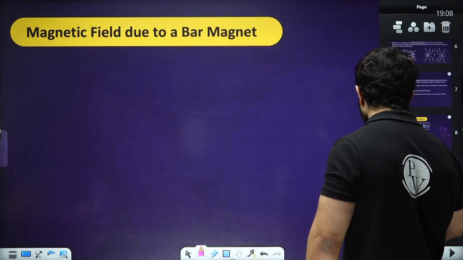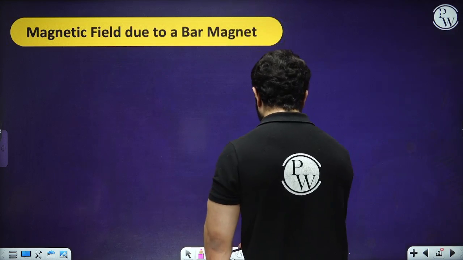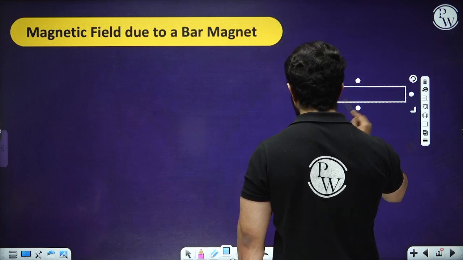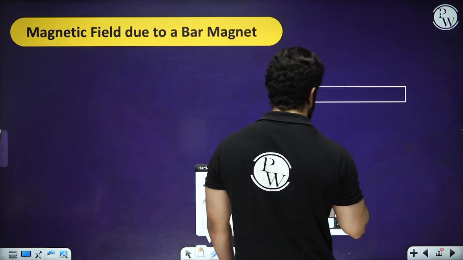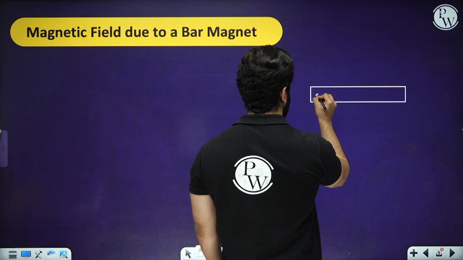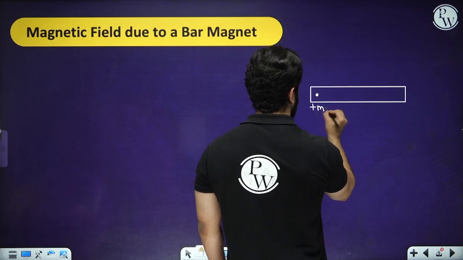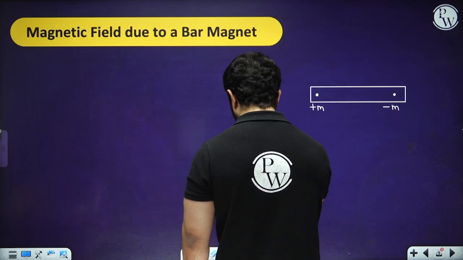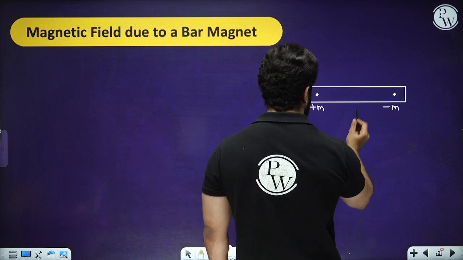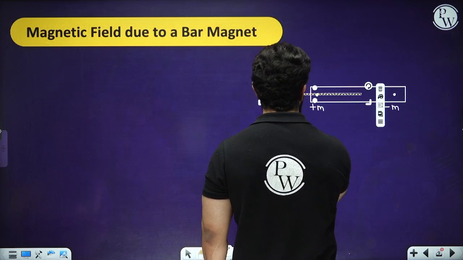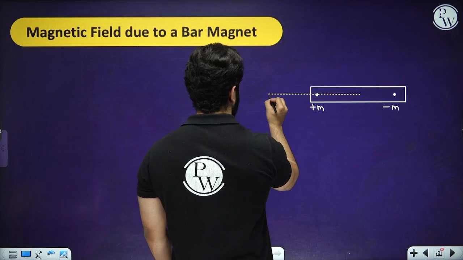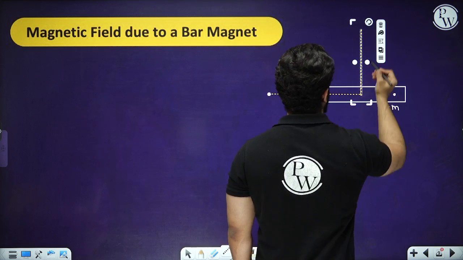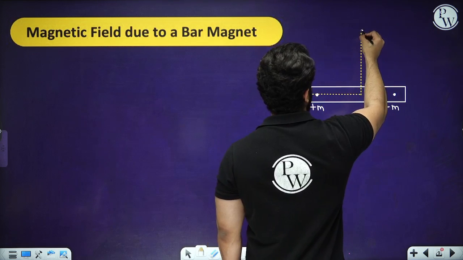Now see, when we talk about a bar magnet, let's suppose we want to discuss a bar magnet, and we have the north pole over here, so plus m. We have the south pole over here, minus m, and we want to know the magnetic field at two different points. One is, let's say, at this point, and one is at an equatorial point, let's say at this point, right?